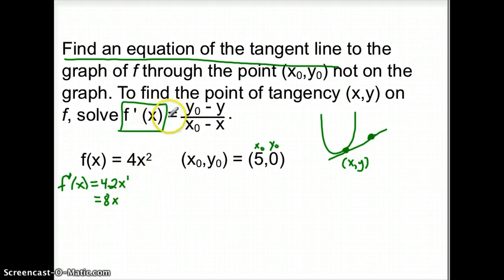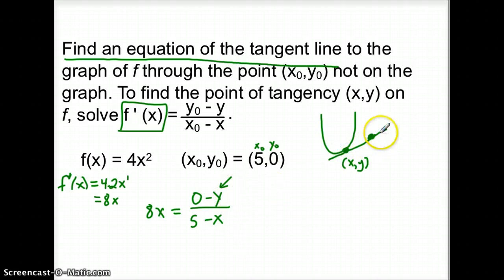We want that to be equal to, so using this little formula up here they gave us, f of x equals y sub 0, which is 0, x. I've got too many variables in here. So I need something to put in place of this letter y, because I don't want a combination of x's and y's. So what could I use in place of this y?